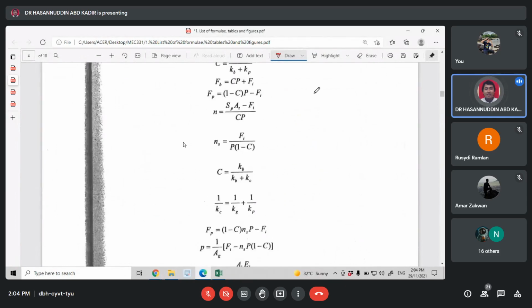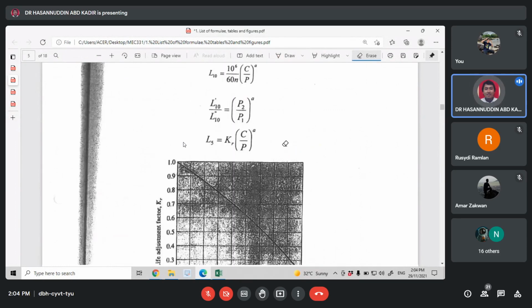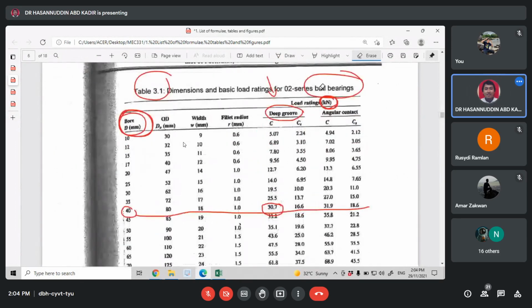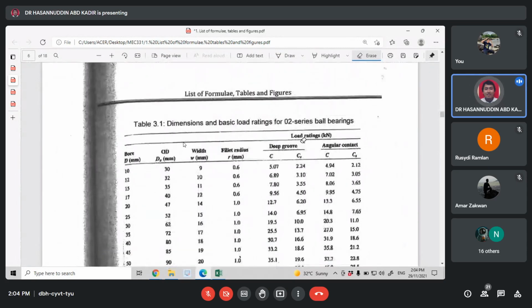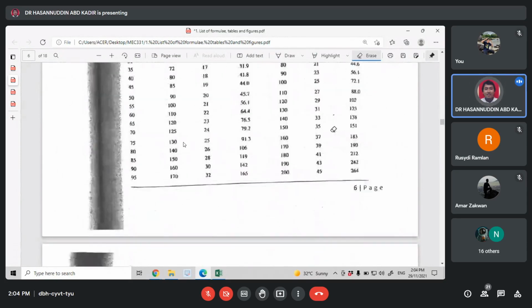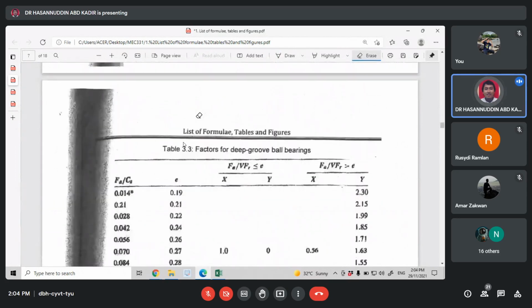So there is a basic step for how you need to understand every table and every formula involved in this chapter on bearings. Always remember there are 2 types, ball bearing and cylindrical bearing. This is table 3.1 and table 3.2.